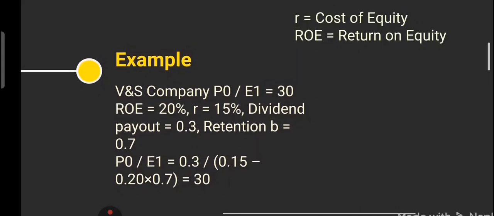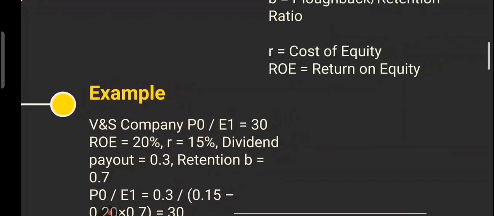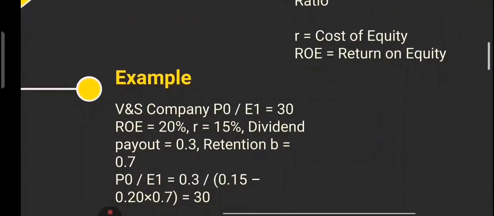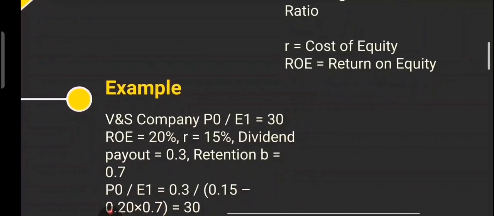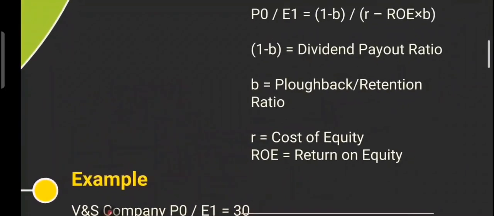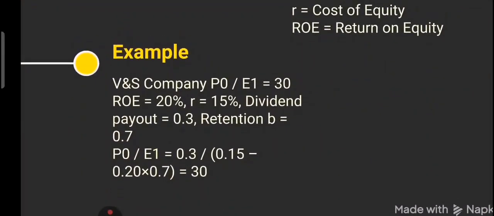So if you find P0 upon E1, just apply the formula. In the numerator just write the dividend payout ratio, which is 0.3. In the denominator just write small r, which is 0.15, minus ROE times b. ROE is return on equity, 0.20, multiplied by 0.7.